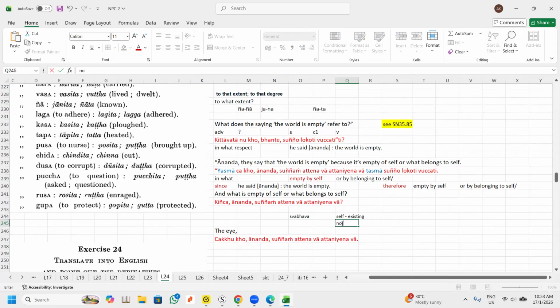It is not self-existing, and the I is not self-existing. You need all the five aggregates to join together, then only you have one entity. Just like the chariot, you put everything in, then it appears self-existing. So that is svabhava. Bhava means existence.